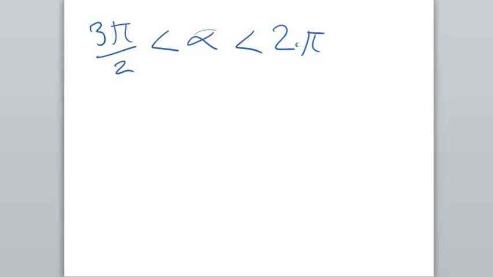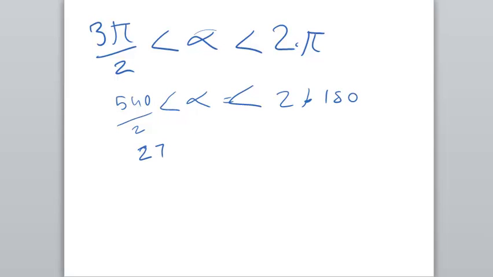It is 540 divided by 2, which is equal to 270. So angle beta is between 270 and 360.